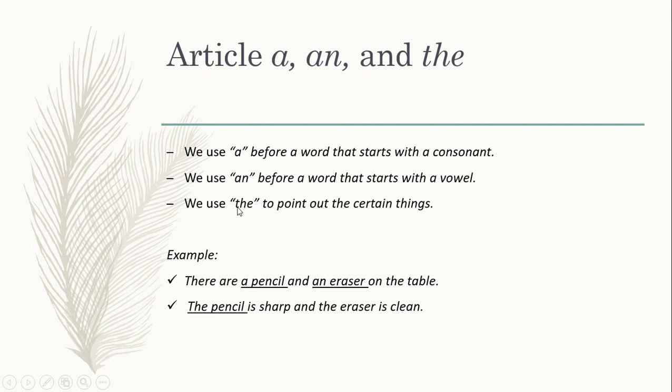And then we use the to point out certain things. Artinya kita menggunakan the untuk menyatakan sebuah benda yang sudah kita ketahui sebelumnya. Contohnya terdapat pada kalimat pertama ini, there are a pencil and eraser on the table.